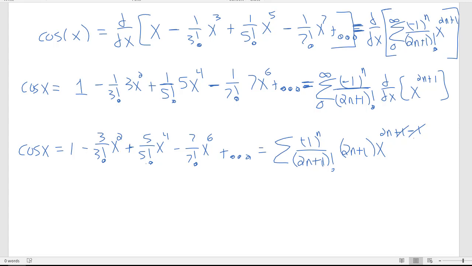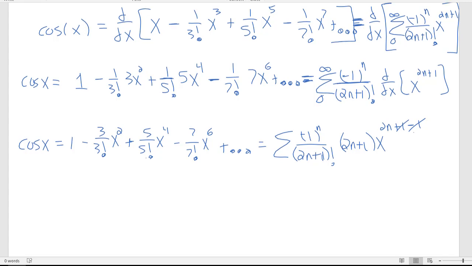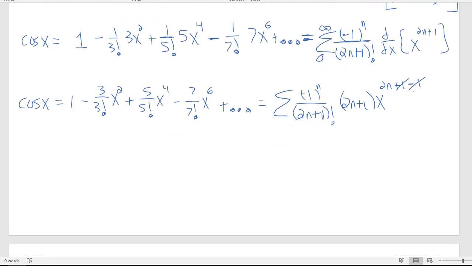And technically, here's my power series. This is my power series for cosine of x. But I can do a little bit more cleanup. So before I move on to the cleanup, I'm going to stop for a second because this is the concept that we're discussing here. In the beginning of the video, we took a known series, 1 over 1 minus x, and we did algebraic manipulation, and we created a bunch of other series for different functions.